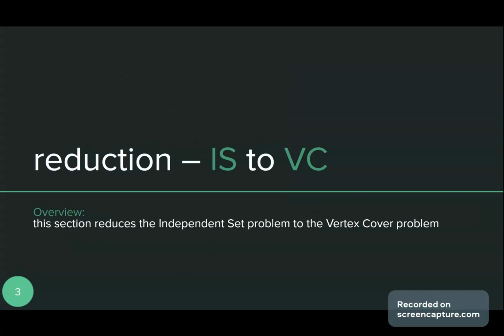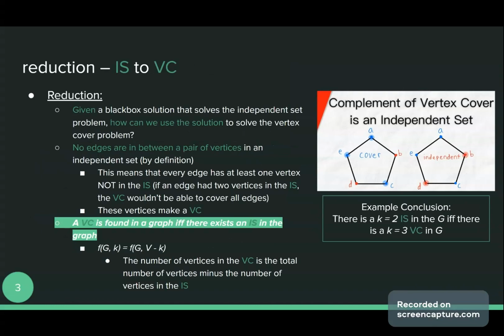Next, we'll go into reducing the independent set to the vertex cover problem. Given a black box solution that solves the independent set problem, how can we use the solution to solve the vertex cover problem? We know that no edges are in between a pair of vertices in an independent set, and this is by definition. This means that every edge has at least one vertex not in the independent set.